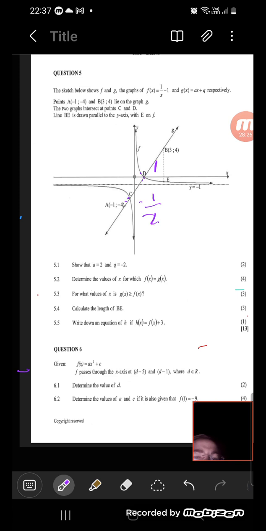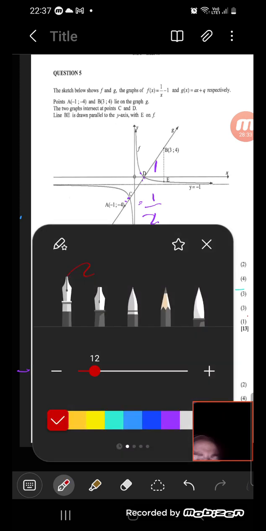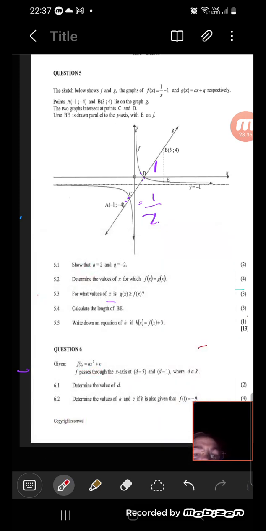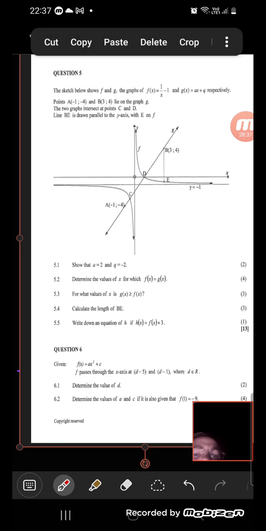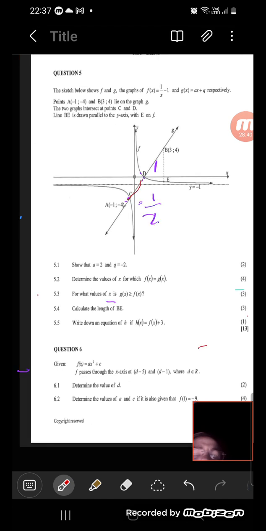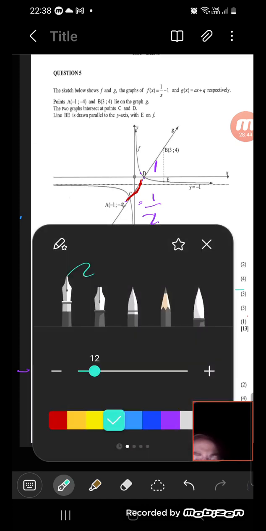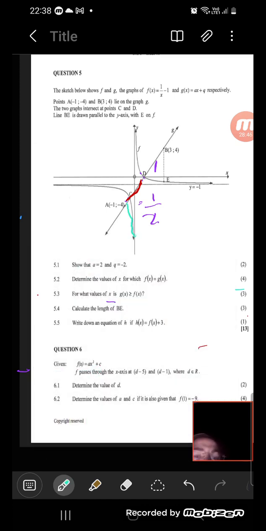Okay, this x value. So for which x values is this graph, this G, from here, oh, come on pen, from here, this G is increasing, but this F is decreasing. So while the one is increasing, the other one is decreasing, G of x is going to be bigger than f of x.